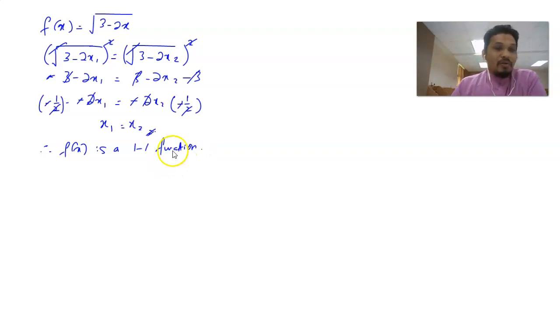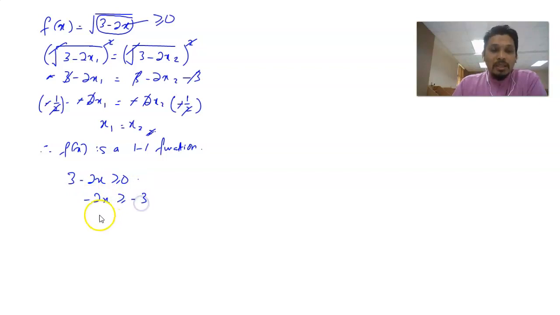Find the domain and range of the function f. For this one, the expression inside the square root sign must always be greater than or equal to 0. So 3 minus 2x is greater than or equal to 0, then negative 2x is greater than or equal to negative 3.